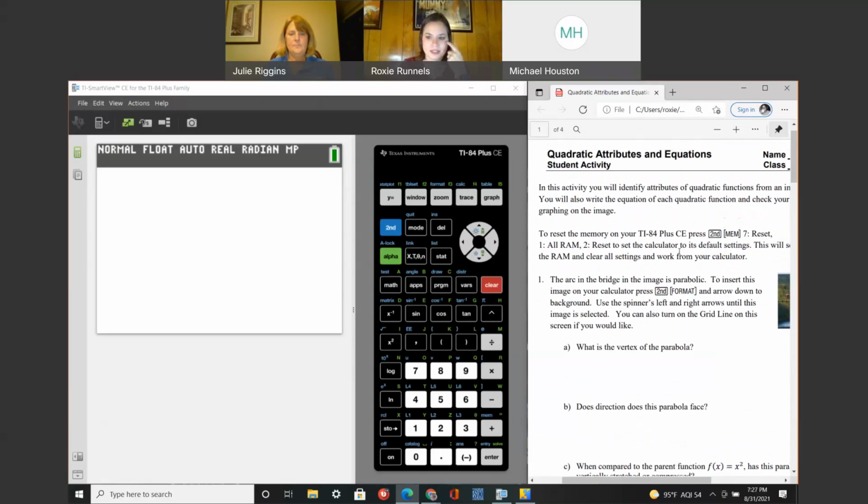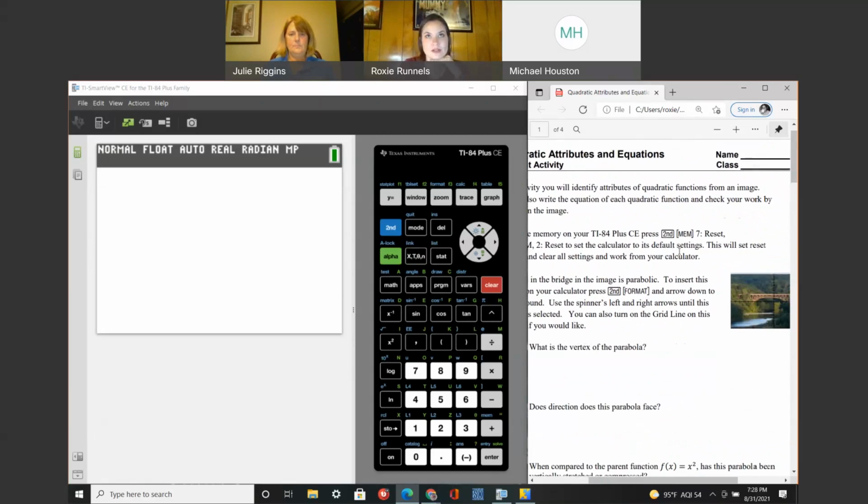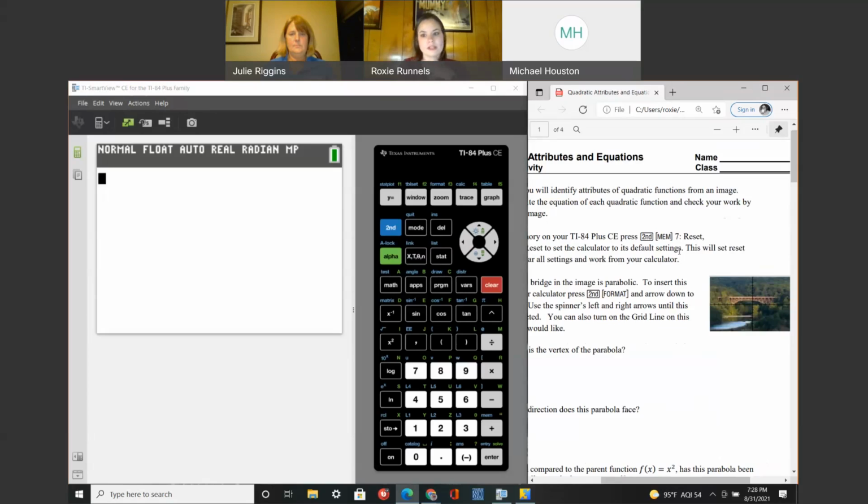So what I wanted was an activity where students were writing equations of quadratic functions, which is a pretty big chunk of, especially those Algebra 2 classes, some of those upper level classes, writing those equations given some of those attributes like your vertex, your zeros, your y-intercepts, things like that.